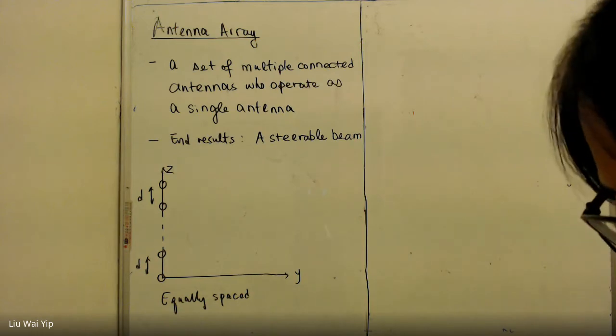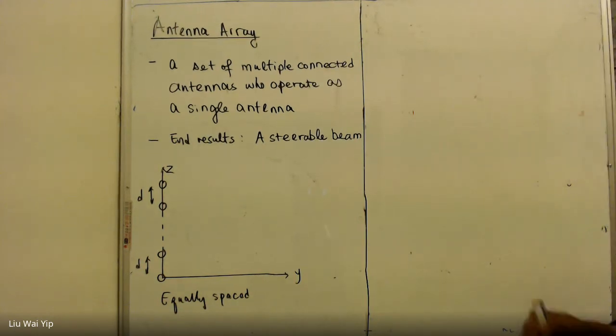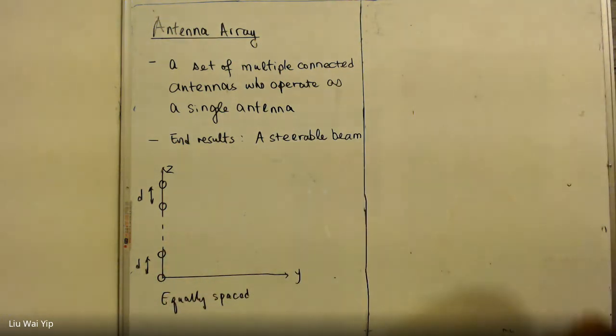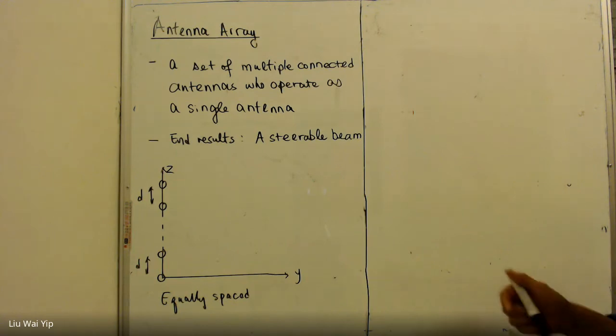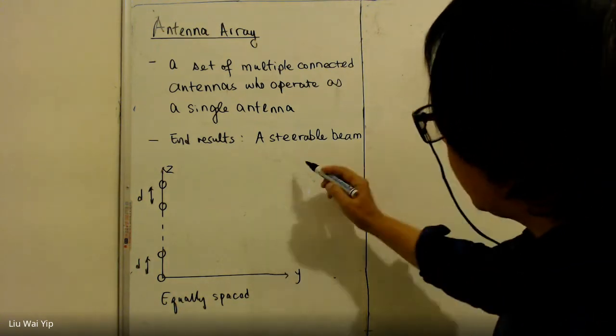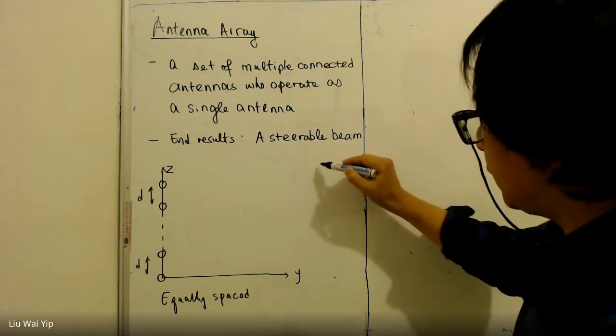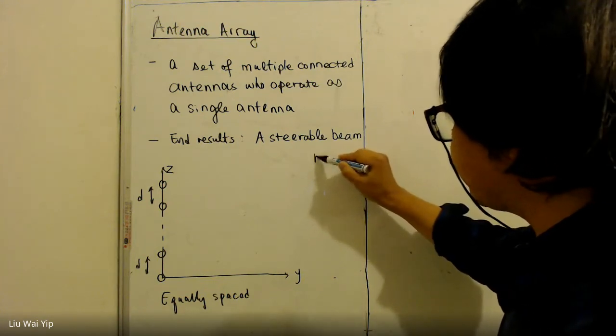Suppose the antenna array here is to radiate a beam, and in a far destination, we have a receiver here.